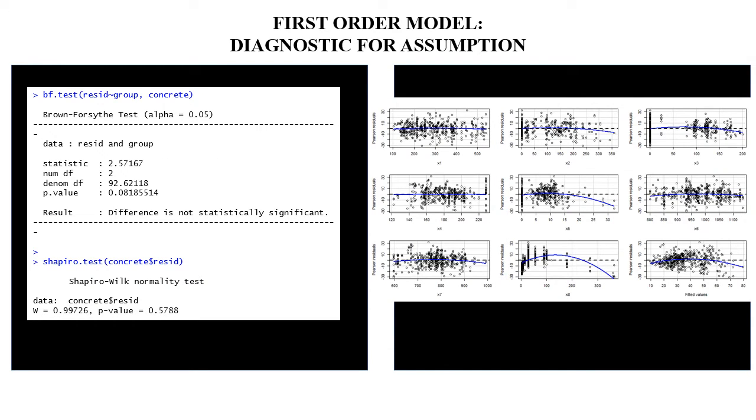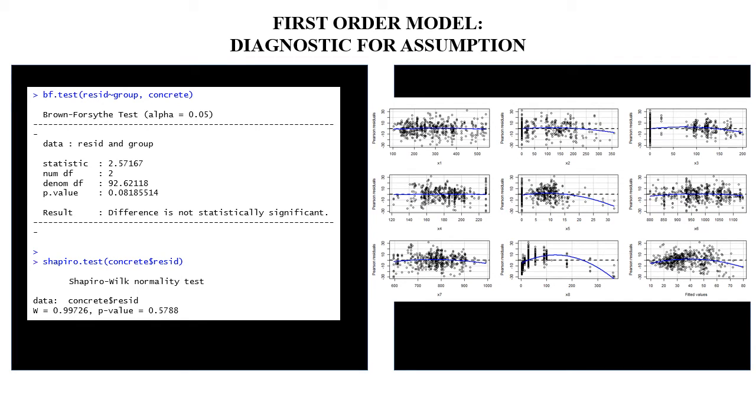When we look for violation of assumptions, Brown-Forsythe tests indicate that there is no violation on constant variance, as we can judge by the p-value, which is larger than 0.05, and no violation on normality according to the Shapiro test.